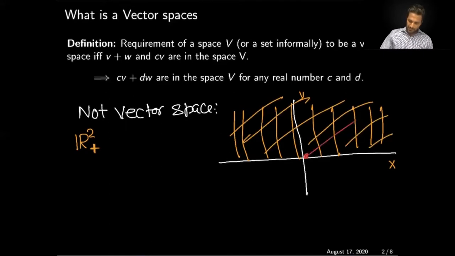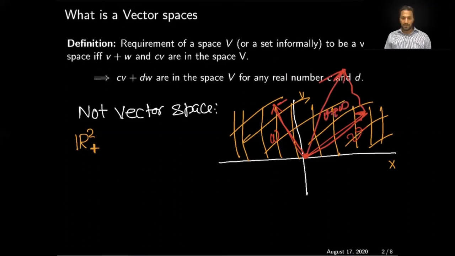If I take a vector V and a vector W and complete the parallelogram, V plus W is going to stay in this space. So V plus W always stay in the space, meaning they belong to the space. The first property is okay.